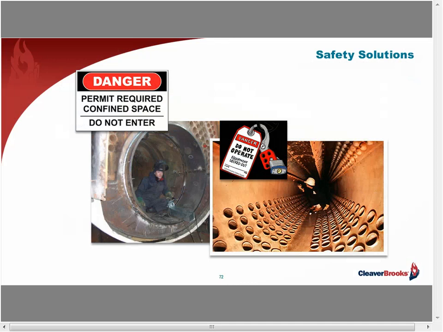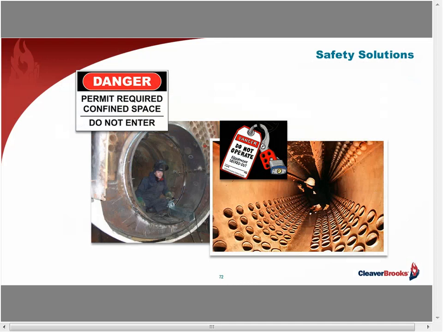The last thing you want is for anyone to be closed into that space, and God forbid the boiler be started or even left for an extended period of time. And that's why the policy and procedure manual will call for well-defined and strictly followed sets of rules that call attention to the warning and warning signs.